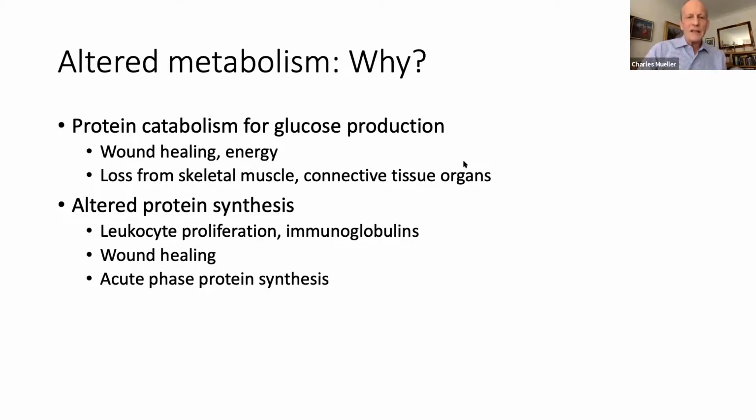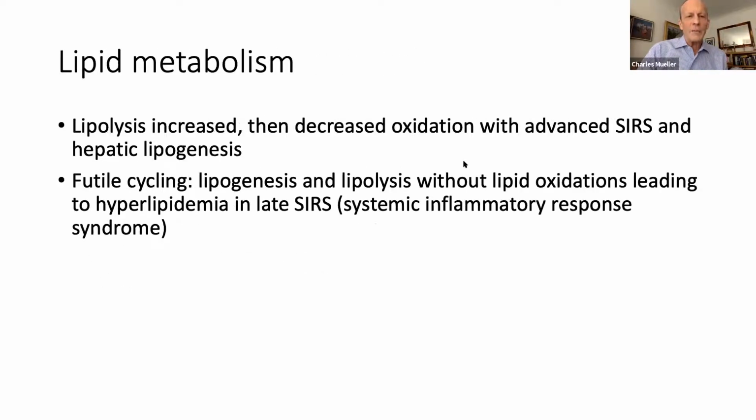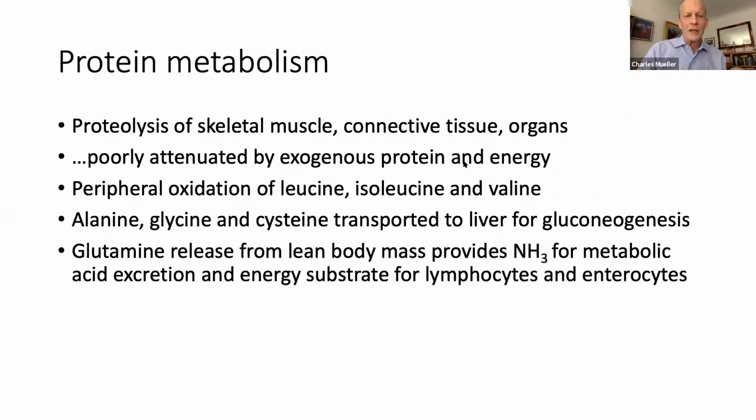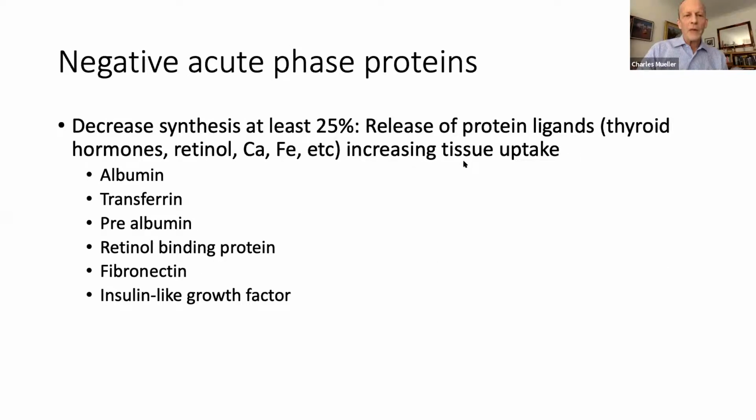So these next slides really describe carbohydrate, protein, and lipid metabolism during systemic inflammation. And the change in protein metabolism that goes on is mediated or happens in the liver. And we define what happens in the liver in this change in protein metabolism in the acute phase as positive and negative acute phase proteins.